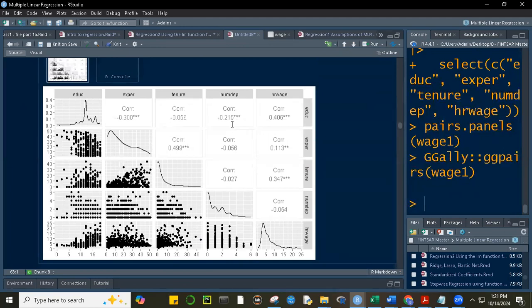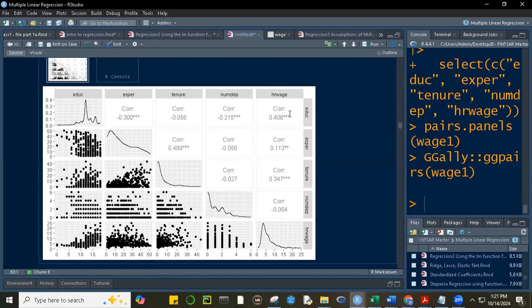So this one is better than the pairs.panels because you have the variables on the top row and on the left column, so you can easily see the correlation. For example, the correlation between hourly wage and education is 0.406.